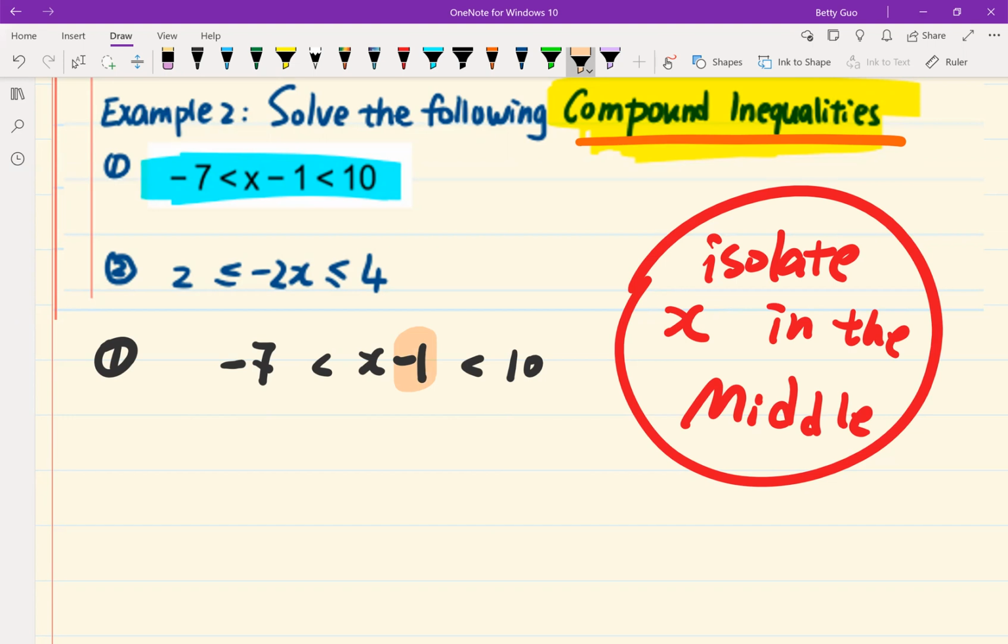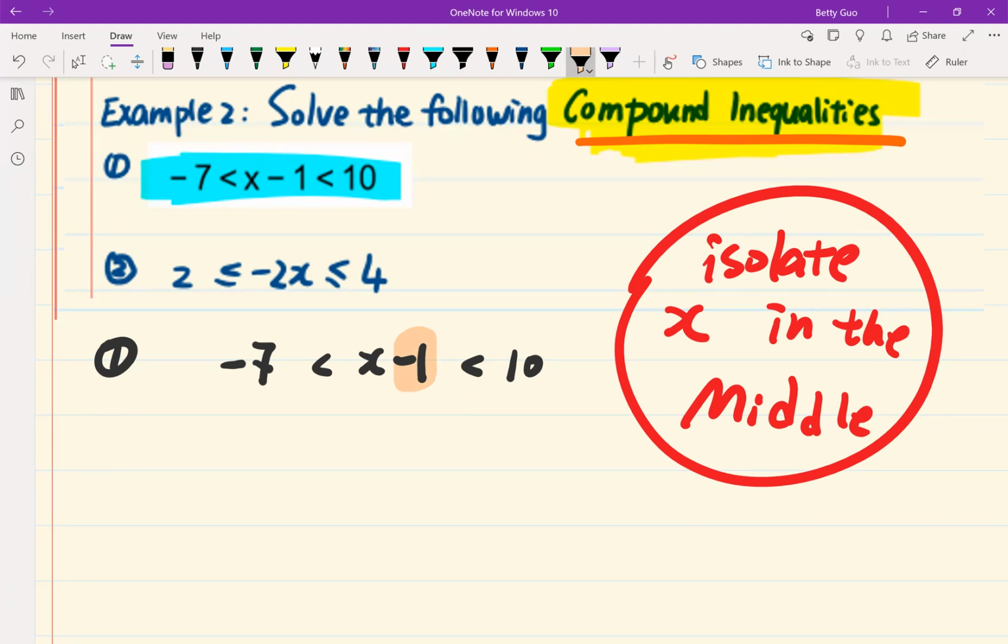By the way, when we solve a compound inequality, do not apply transposition of terms. I did try very hard to teach you this method, transposition of terms, but do not use it for compound inequality. It does not apply in compound inequality.